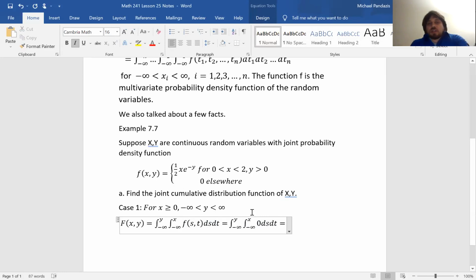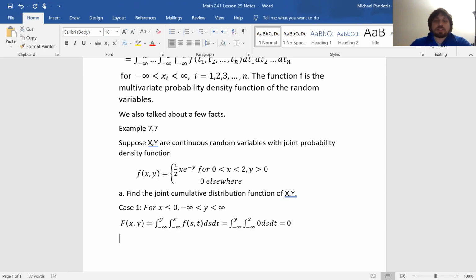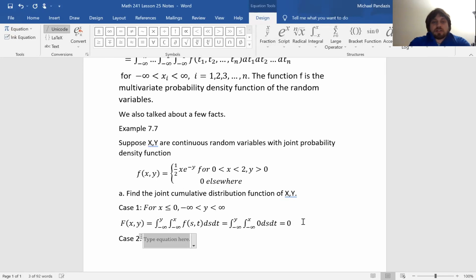Since x is less than or equal to 0, f of x comma y is 0 there, and so capital F is 0.